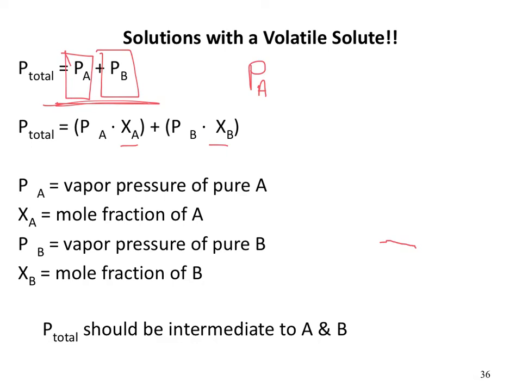So one can safely say that the total pressure seen in this case is going to be a combination of the pressure exerted by A times its mole fraction plus the pressure exerted by B times its mole fraction. And so the P total should be a value which should be intermediate of the two numbers that you would see for A and B.